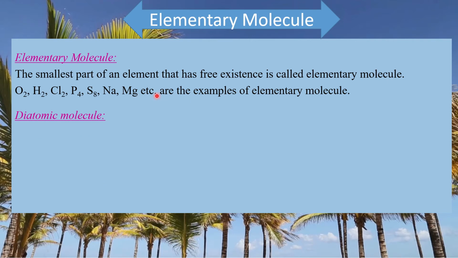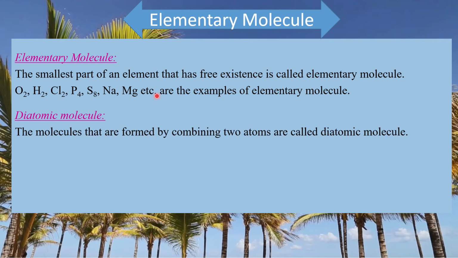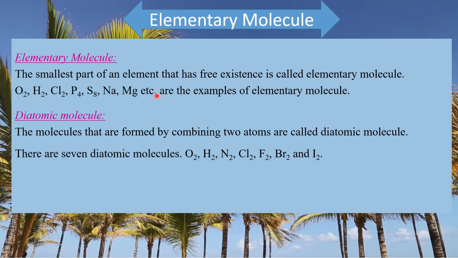Now look, here one thing that you should know is the diatomic molecule. A diatomic molecule means a molecule where 2 atoms of the same element are present. The molecules that are formed by combining 2 atoms are called diatomic molecules.